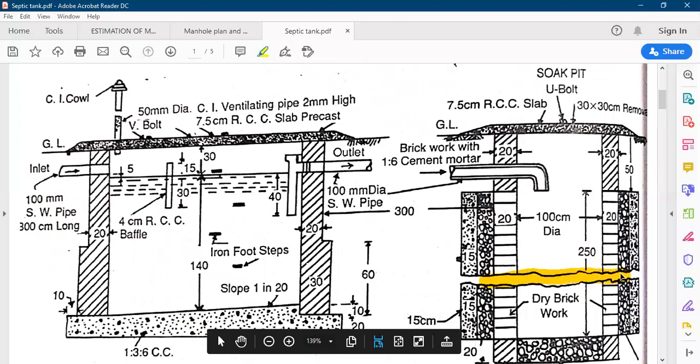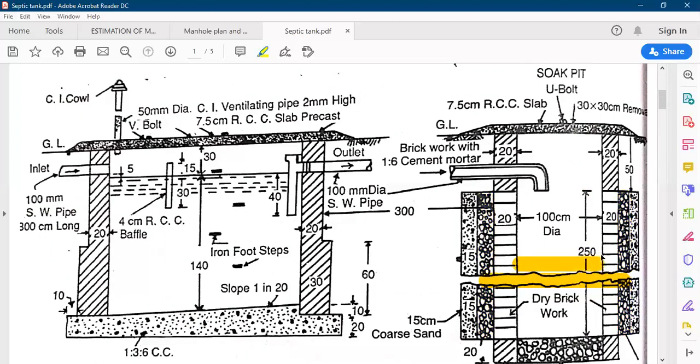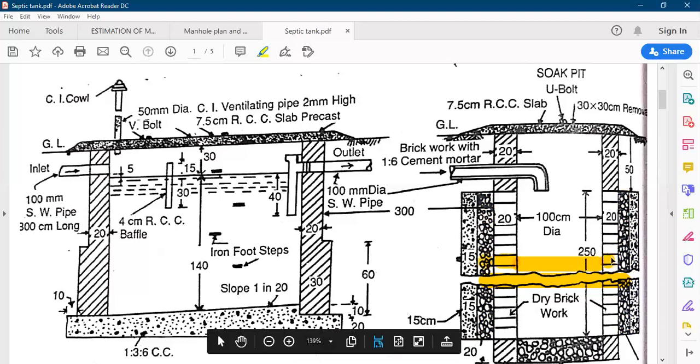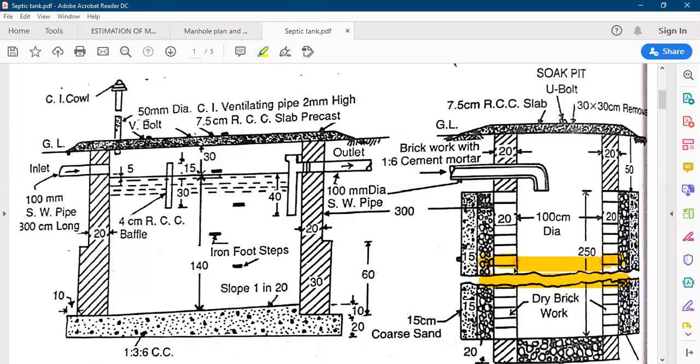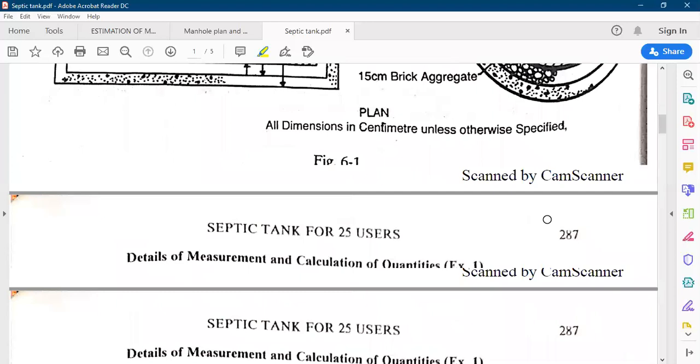That is 100 plus 20 this side, 20 this side, half of the brick aggregate here, half here. So the total is 100 plus 20 on both sides, 140, plus 7.5 plus 7.5. This is the 155 diameter that they have taken.